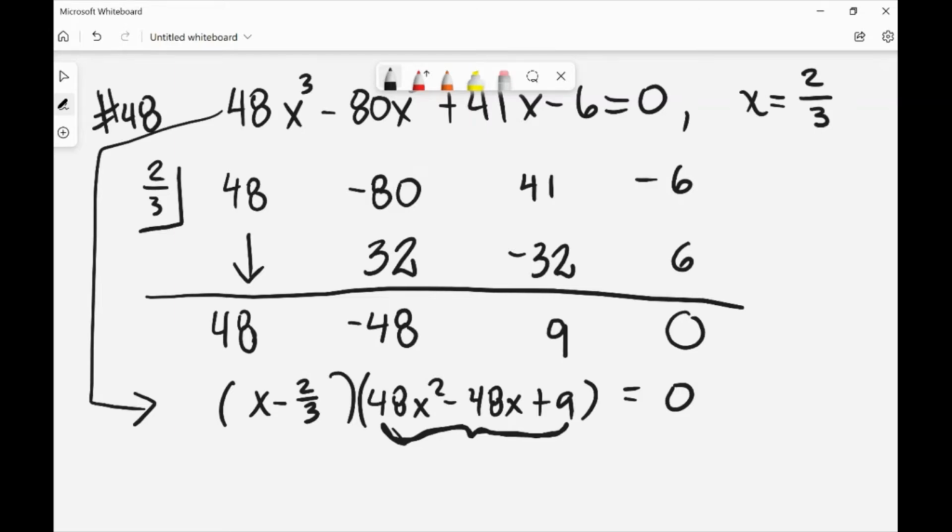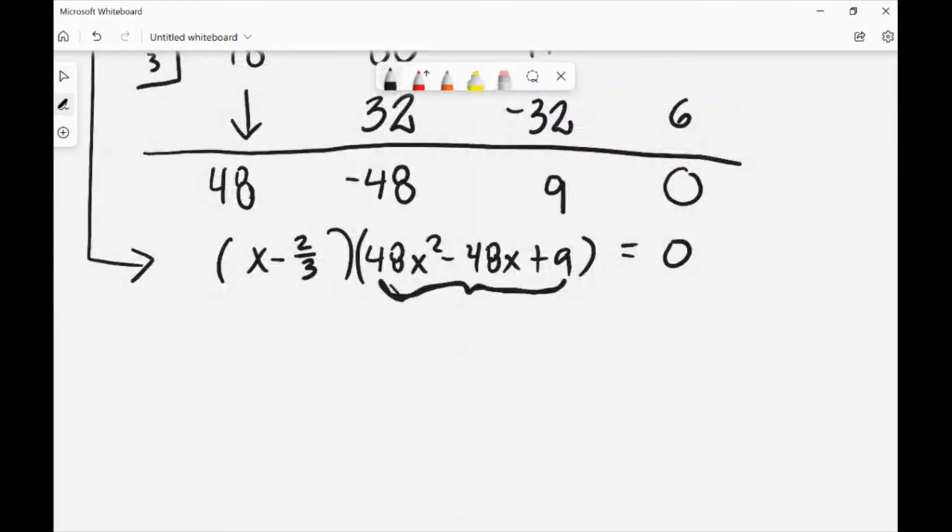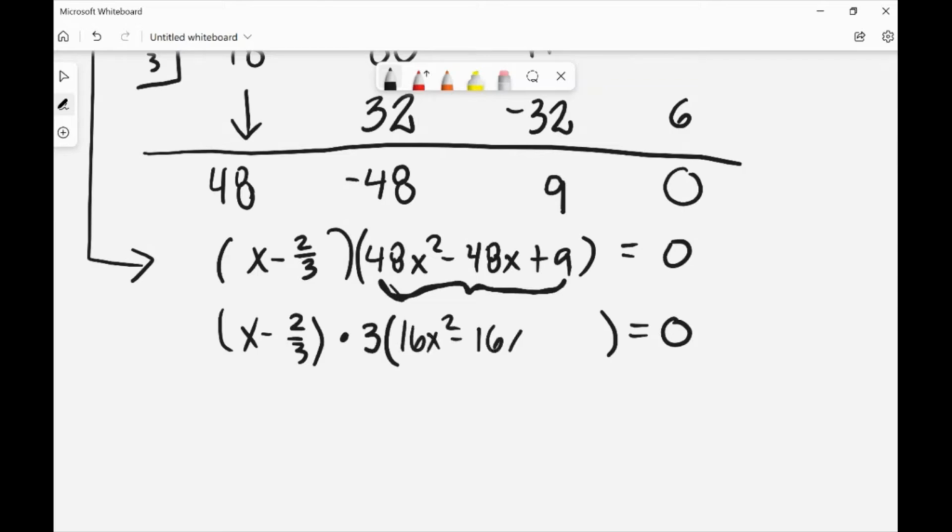Let me go to my whiteboard. X minus 2/3 times... we're going to pull out a 3. What goes in the parentheses when we pull out 3? 16x squared minus 16x plus 3.